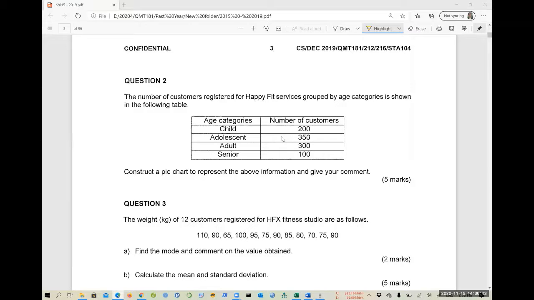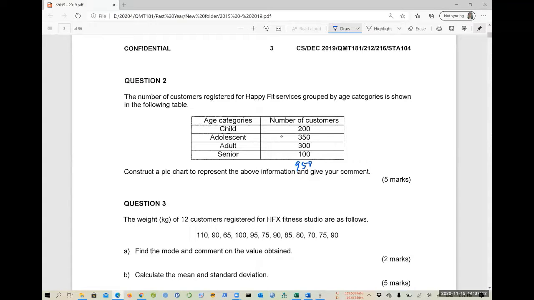If they ask you to draw the bar chart, you draw the bar chart, but in this question, they ask you to construct a pie chart. So what you can do is simply calculate the percentage for each of the categories. For example, in this case, the total number of customers here will be 950, right?